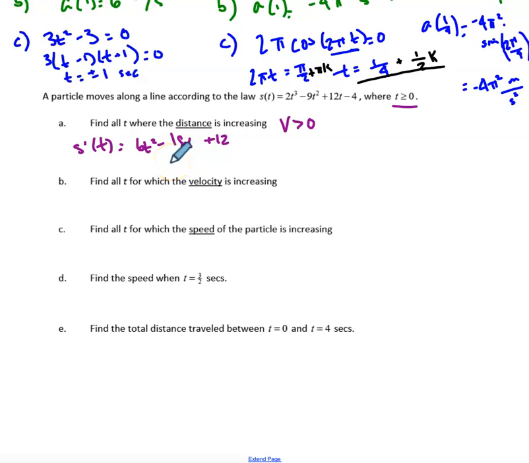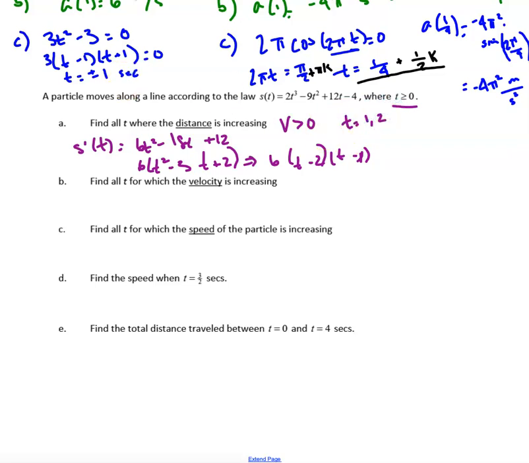To do that, you need to know where velocity changes signs. So if I factor out a 6 here, I'm going to get t squared minus 3t plus 2, and that further factors to 6 times t minus 2 times t minus 1. So that means that there are 2 zeros of the velocity function at time equals 1 and time equals 2.